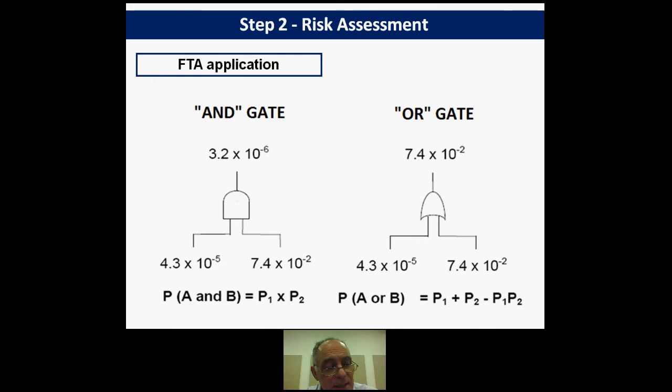If the individual probabilities are very low, less than 1%, then the probability of the end event in the case of an OR gate boils down to the addition of the two probabilities. P1 plus P2 will give us the result, because what we subtract will be very, very low.